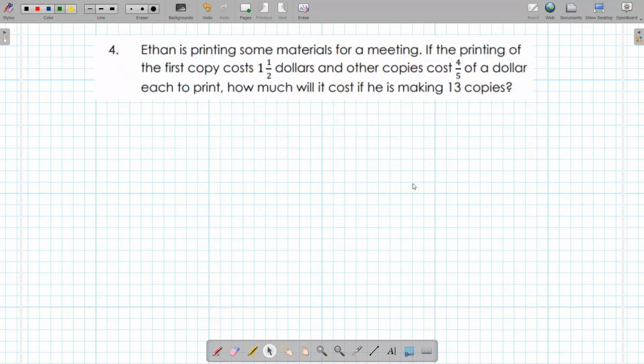So a different question here. Ethan is printing some materials for a meeting. If the printing of the first copy costs $1.50, and other copies cost 4/5, how much will it cost making 13 copies?